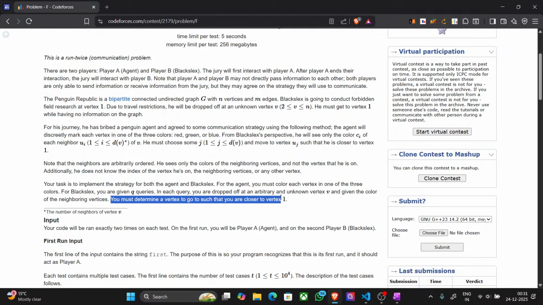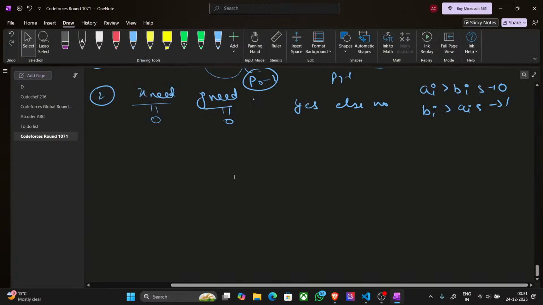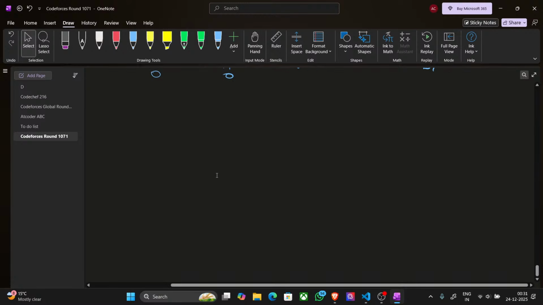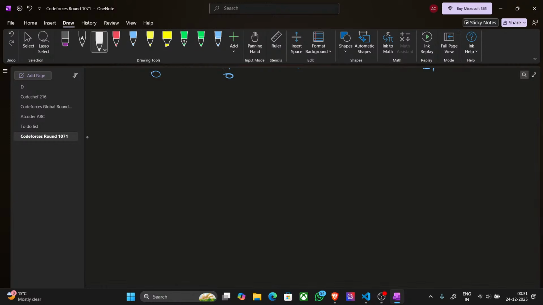So in this particular problem, you are given some graph. Say this. It is named 1, 2, 3, and 4.